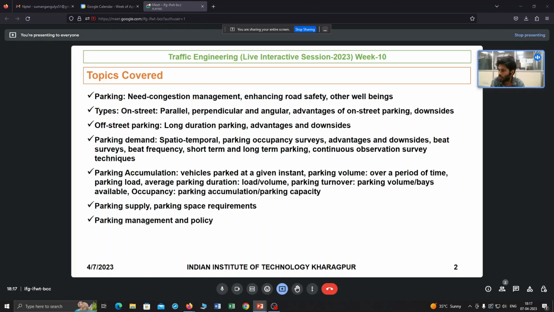The first three lectures are about types of parking and parking management, and the last two lectures are about road traffic safety. After we do some discussion, we will come to the Q&A session for today's class.